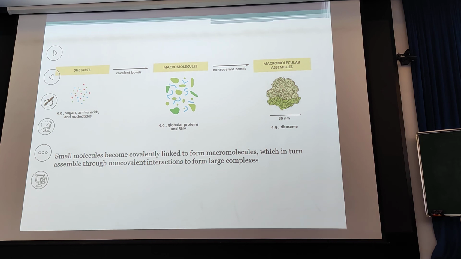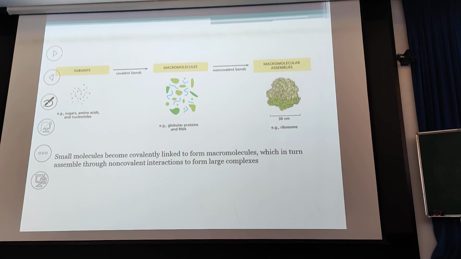You can see the basic units, the molecules inside our cells. We have sugars, which are the monomers of carbohydrates or polysaccharides. Amino acids are the basic units of proteins.